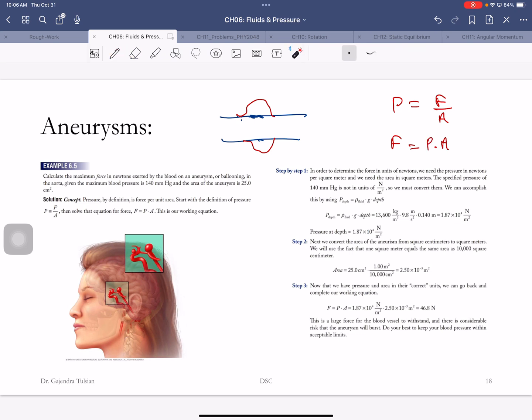When the wall bulges, the area has increased, right? The pressure is the same. The wall is already weakened, and now because the area increased, the total force has increased. A bad problem is getting worse.